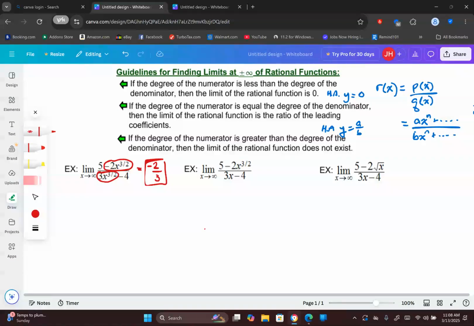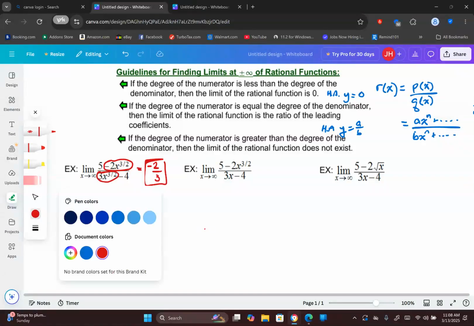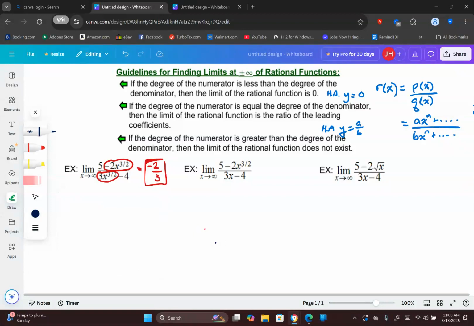Now, there is a little bit of a twist to this. You'll notice this limit goes to infinity. What if I gave you this same limit and it says as x approaches negative infinity for 5 minus 2x to the 3/2 over 3x to the 3/2 minus 4. Now, this limit does not exist. And you're probably thinking to yourself, well, why isn't it negative 2/3 again?